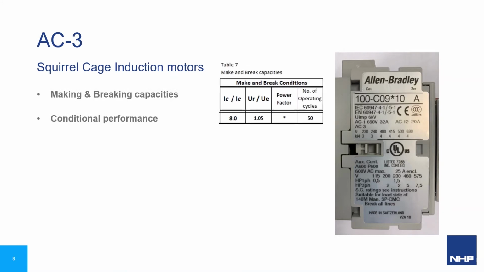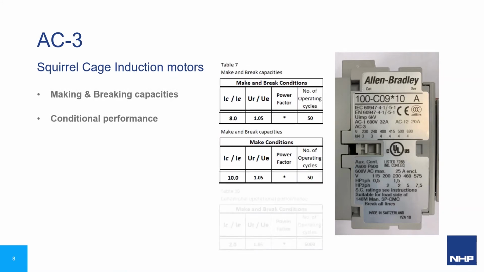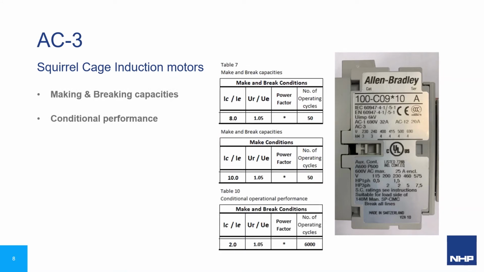The test conditions for AC3 duty, making and breaking capacity, is at 8 times its rated current, with a power factor dependent on the Ie rating, with additional making test at 10 times Ie and the conditional making and breaking at 2 times Ie.